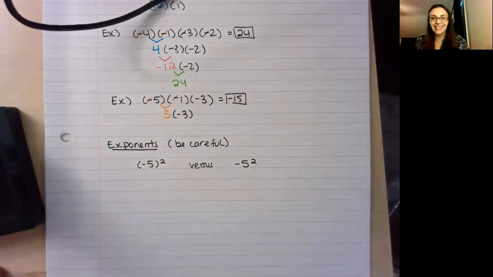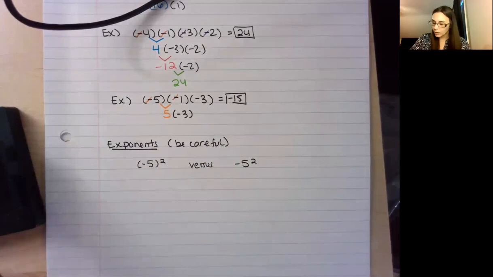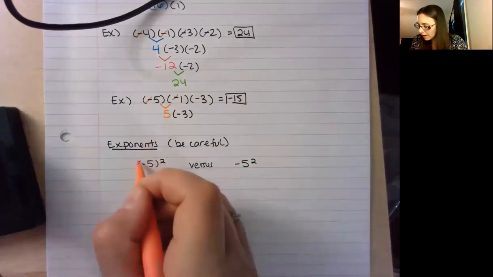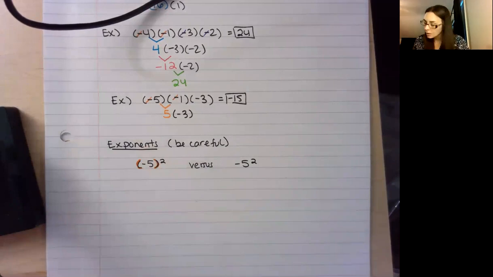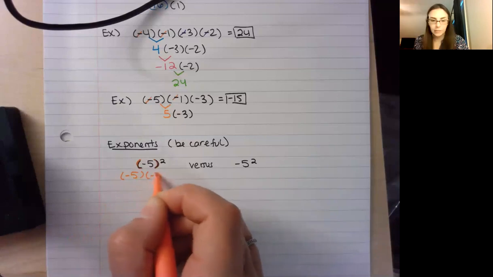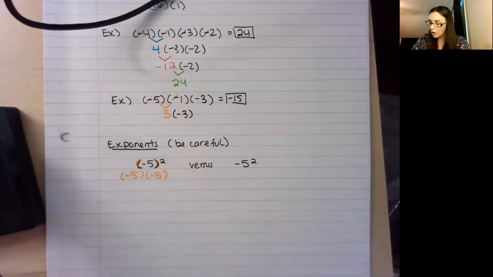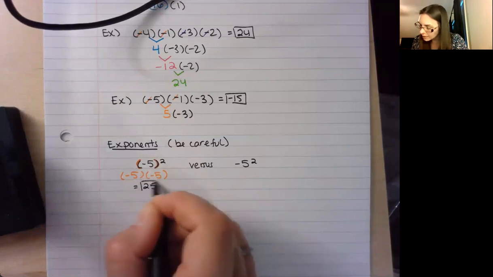You're probably saying they look exactly the same, and they're very similar, except this one has parentheses. Notice here that the square is touching the parentheses, so this whole thing is squared. This means I have -5 times -5. Well, -5 times -5 is going to be +25. Those negatives are going to cancel out.